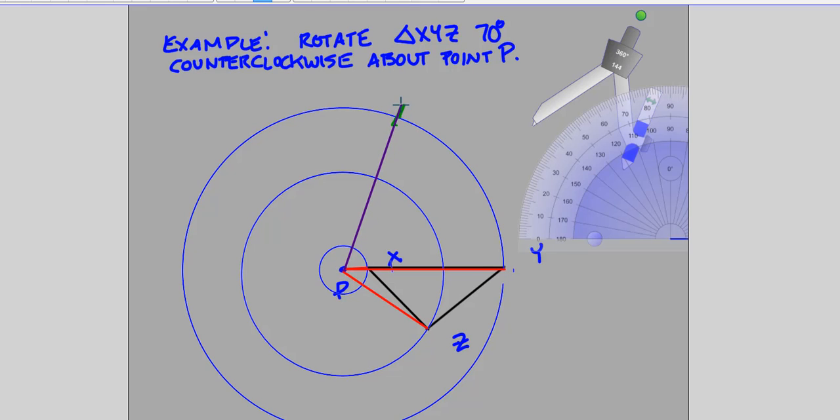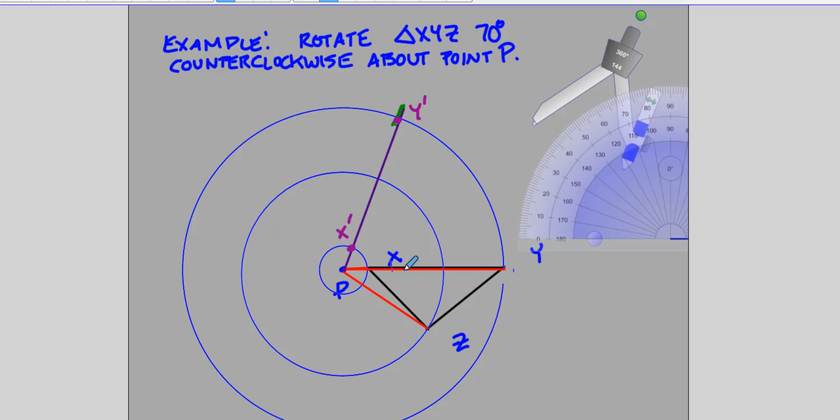So this is going to be 70 degrees here. Where this line segment crosses here, this is going to be my X prime. That's the movement of X. I'm moving it along the circle here. And then Y is going to be to here. This is going to be Y prime.